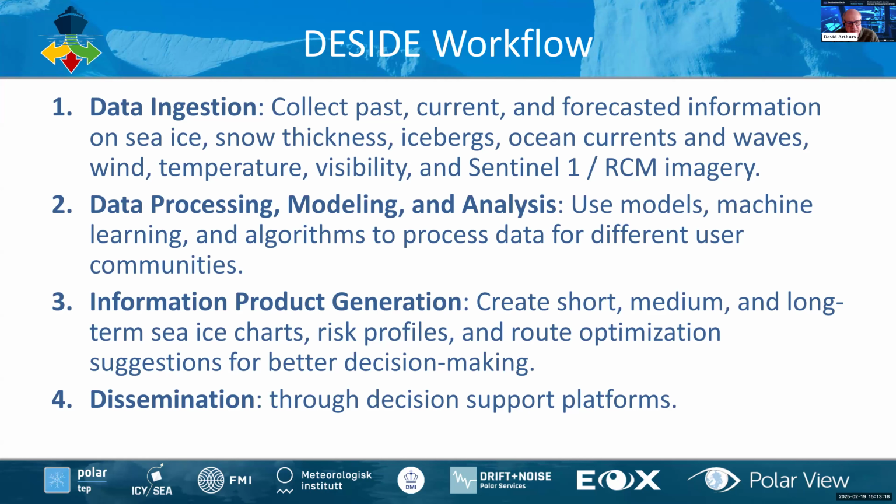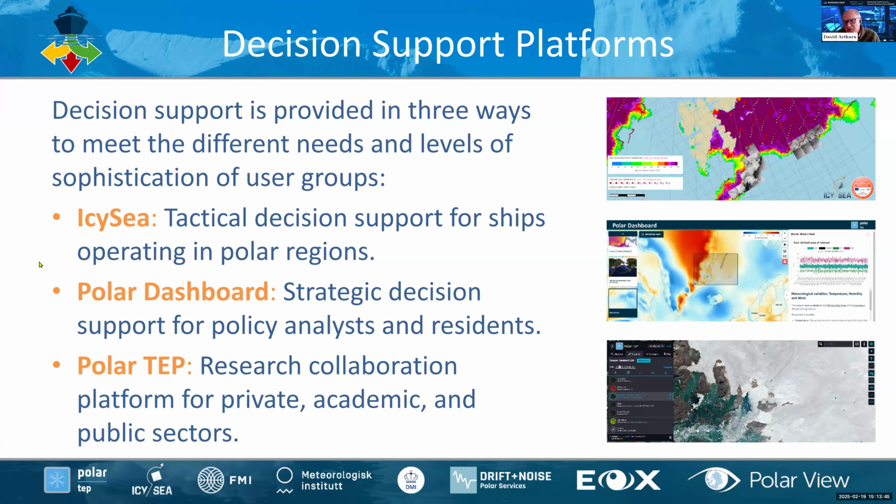We then create information products: short, medium, and long-term forecasts for sea ice, the risk profiles, I already mentioned Polaris, and ways of optimizing the design of routes for ships traveling through the polar regions. And then we disseminate it through our 3 decision support platforms. And those you'll get quick demos of today.